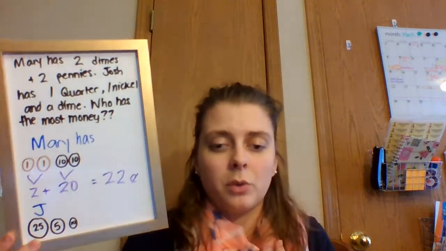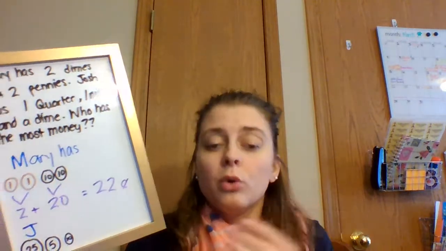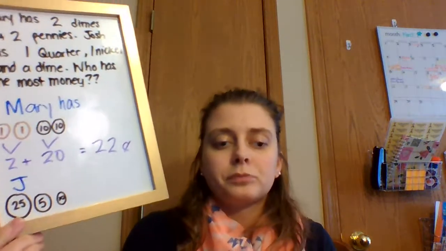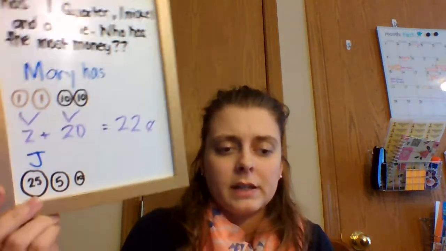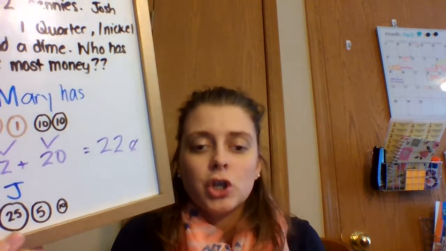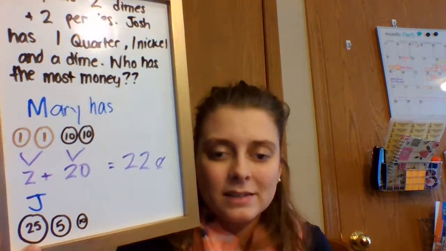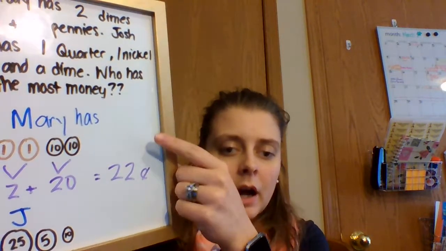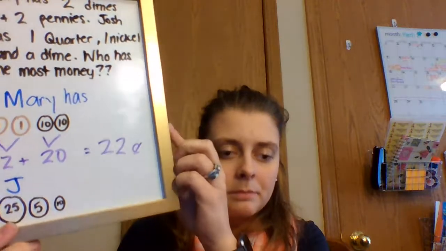Okay? I might choose a way that you don't like, and you could choose one that I don't like. So go ahead and take a second to look at our 3 coins and think about which 2 would be the easiest to add together or the easiest to group, just like we did up here for Mary's problem.